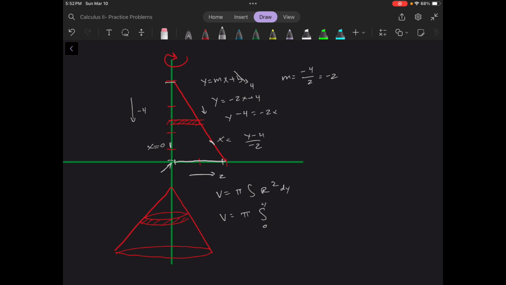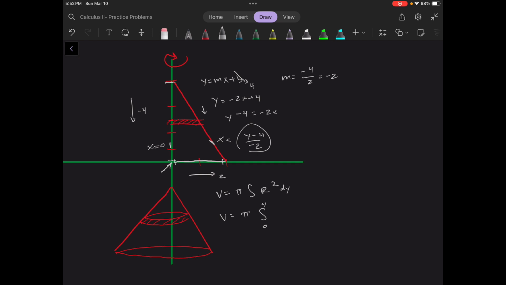So that gives us the correct radius at the bottom. Let's also check it at the top. What happens when you plug in 4 for y? You get 4 minus 4 over -2, which is 0. And at the top, this top slice has a radius of 0 because it's at the very top, right? So this looks like a good radius function to me.